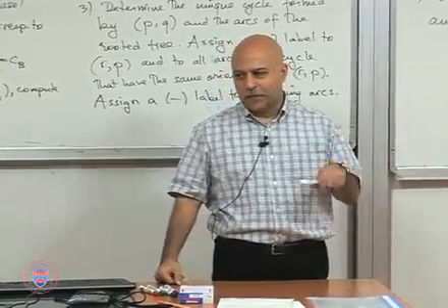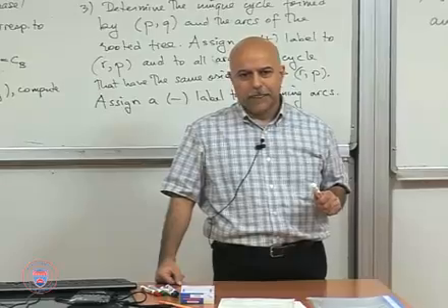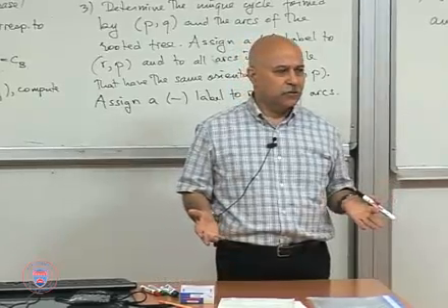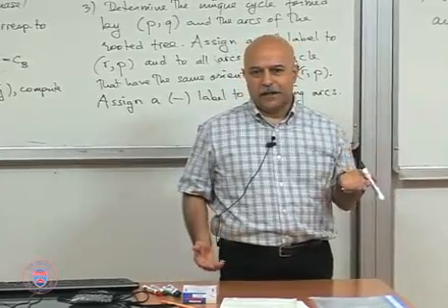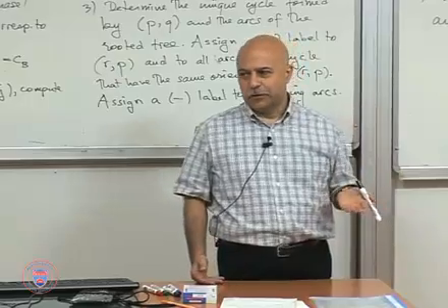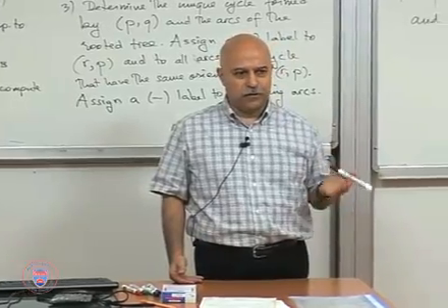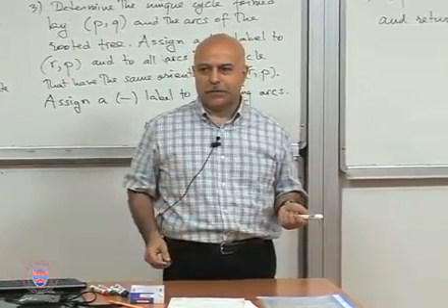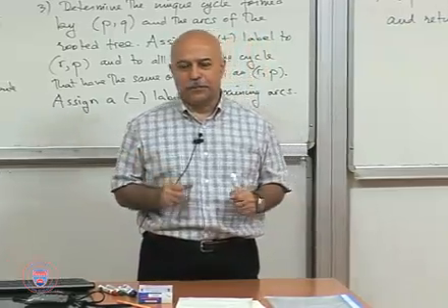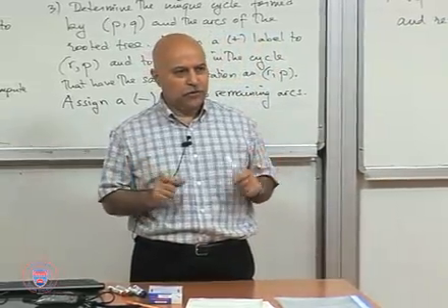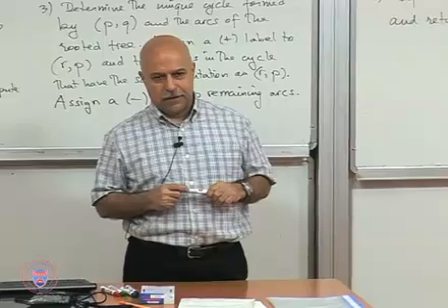Okay? Remaining ones are marked as plus. Again, the conclusion is the same. Of the ones that are marked minus, you look for the one that hits the lower bound earliest. And of the ones that are marked plus, you look for the one that hits the upper bound earliest. And you choose one of them accordingly.